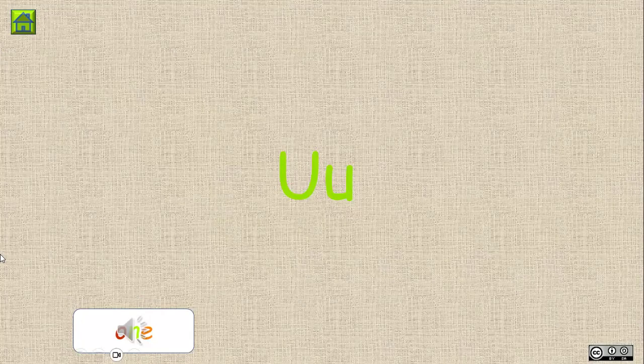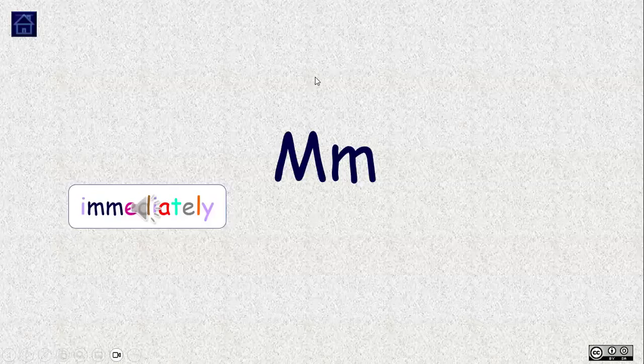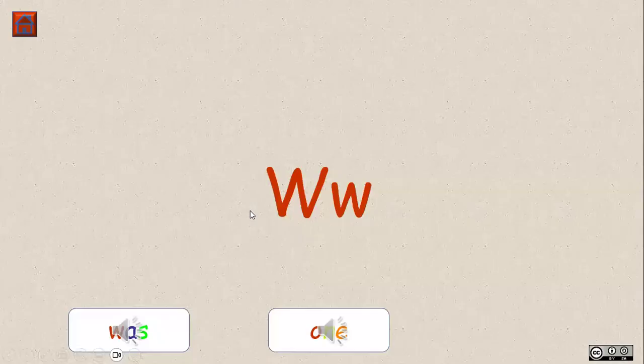We'll go on to the page where there is one word, and it is one, but it doesn't even have a U in it. It's so funny. The next page is immediately.